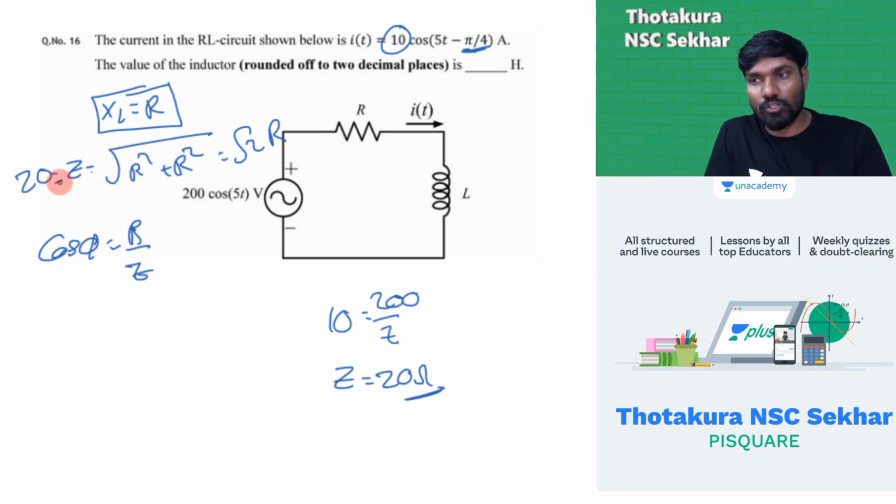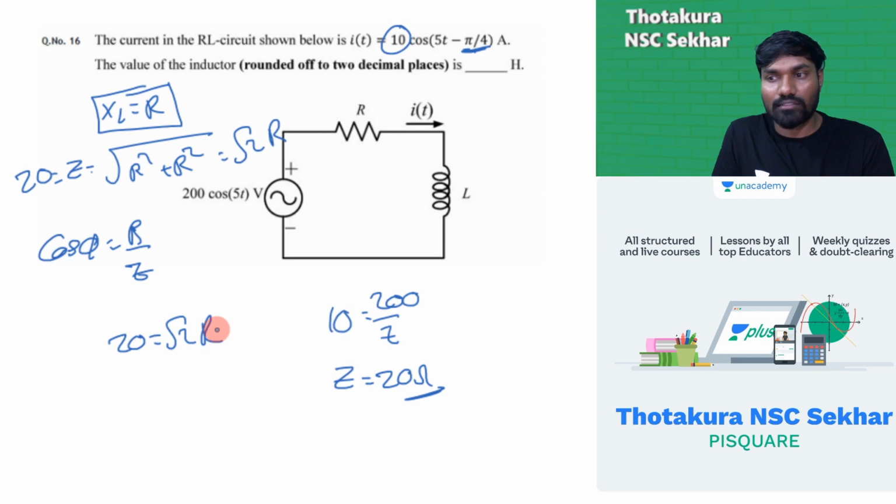If Z is equal to 20, we know 20 should be equal to root 2 into R. Or you can write directly XL also, because XL equal to R, and our focus is on finding the inductor value. So XL will give the inductor value.